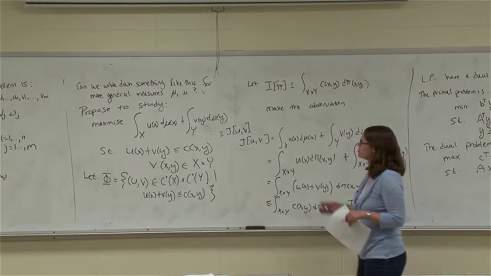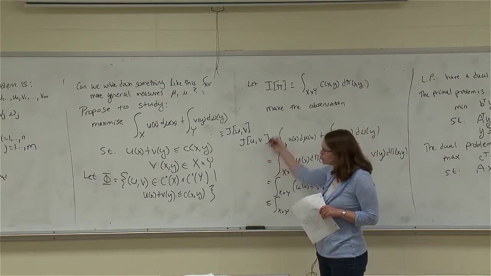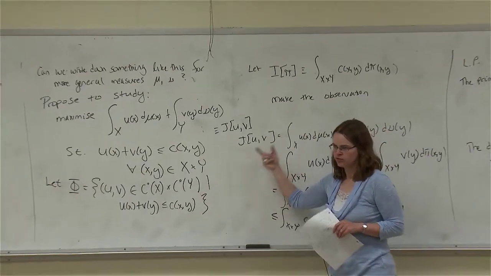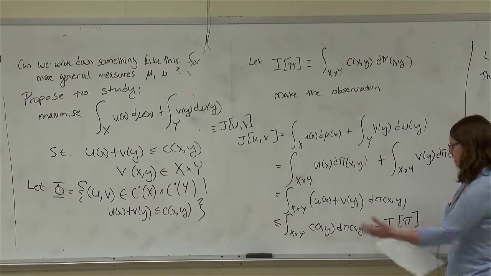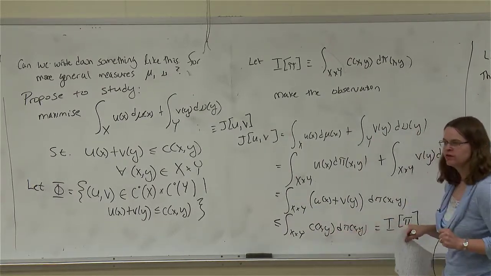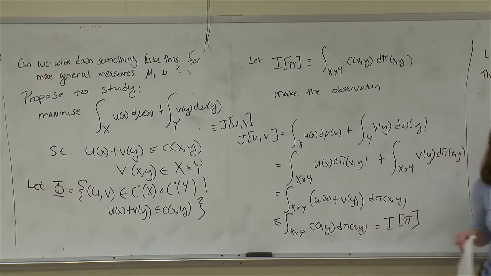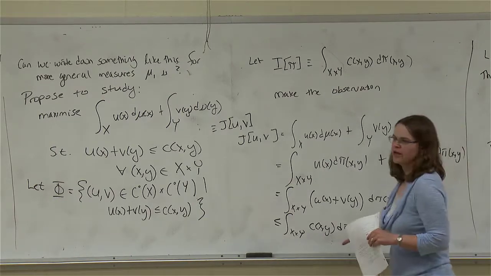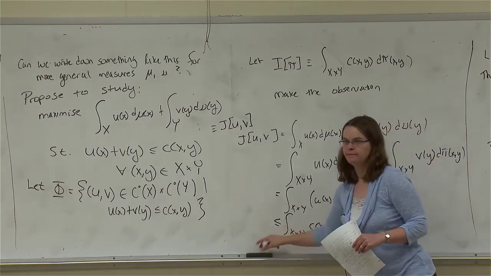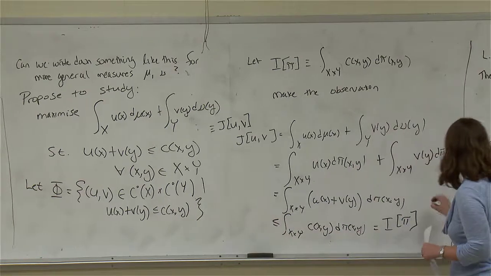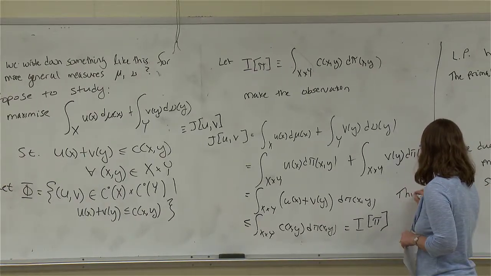Okay, so that means if I study the dual problem, at the very least, I'm going to get some bounds on my total transportation cost. Now, we'd love to do a little better than that and say, can we actually get an equal sign here? So right now, this is weak duality.